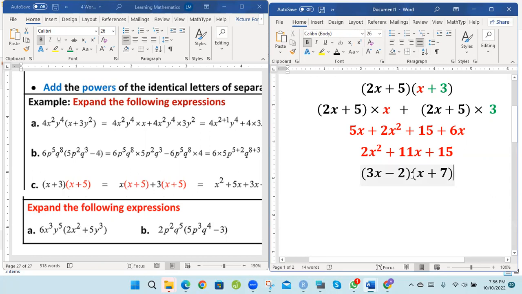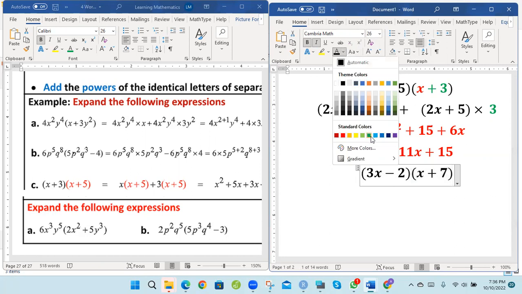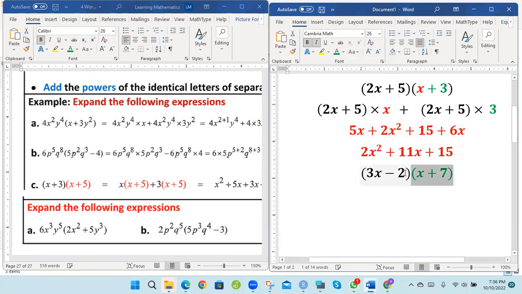So this is what that's going to be multiplied to. So that's 3x plus time minus 2. Remember, that's not the only way this can be done, but I'm promoting this method.